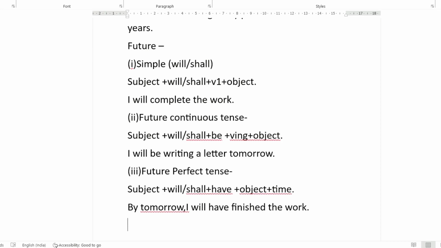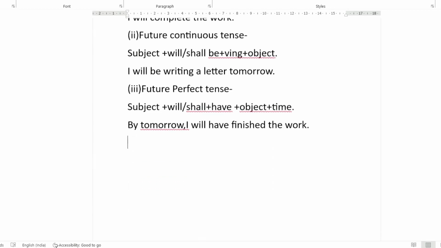Now when I said passive, I'll be taking up another topic called active and passive, where we will be using been. Okay, same thing over here. Be will be used in passive, not in active. That will be another topic called voice. So I will be writing a letter tomorrow, and here by tomorrow I will have finished the work.